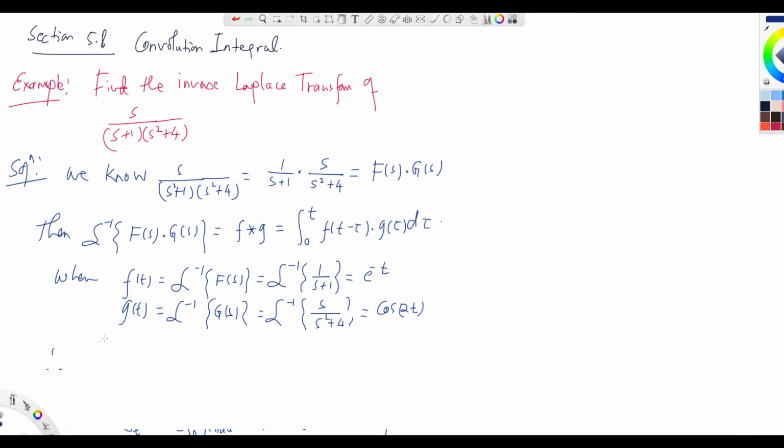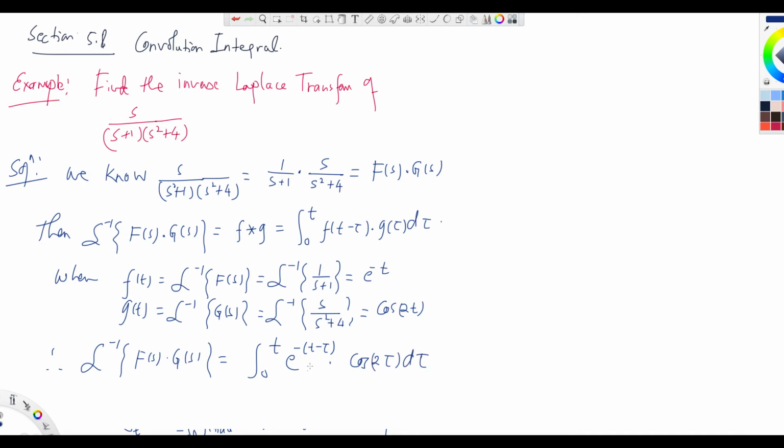Therefore, the inverse Laplace transform of F(s) times G(s) is equal to the integral from 0 to t. So you will get e to the negative (t minus tau) times cosine 2 tau d tau. You see that?